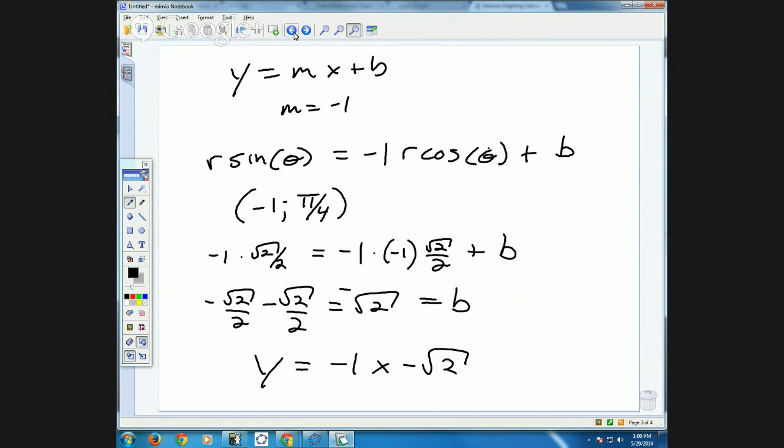Oh, r isn't -1, it's +1. Why did I write r as -1? Yeah, r is +1 at that point. Positive, positive, positive.